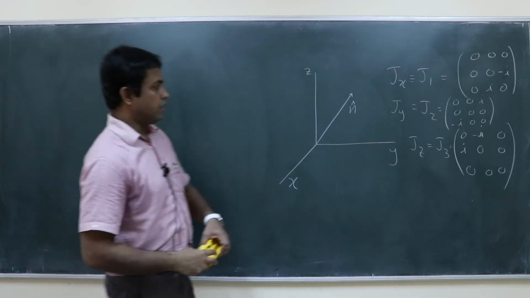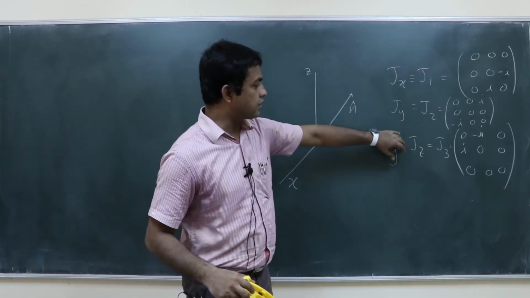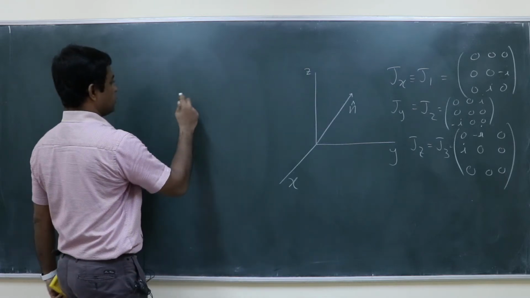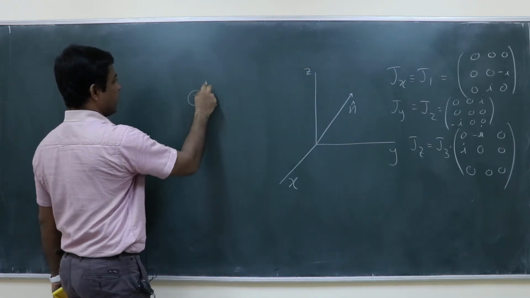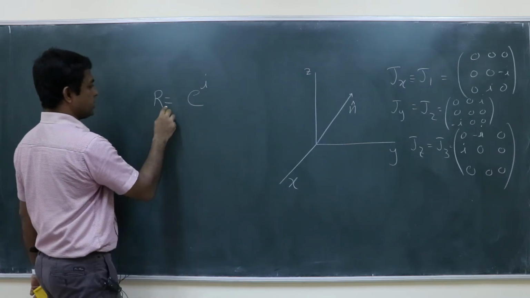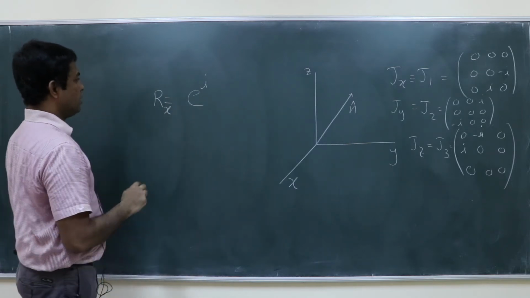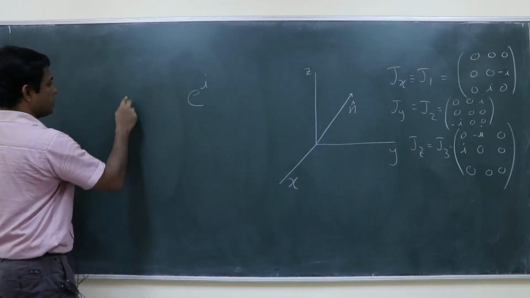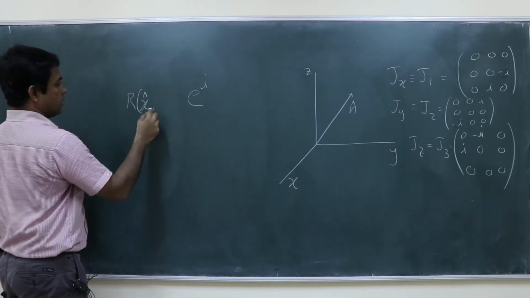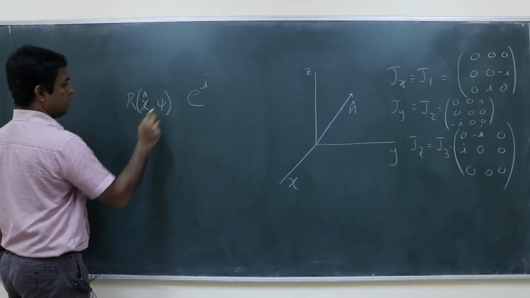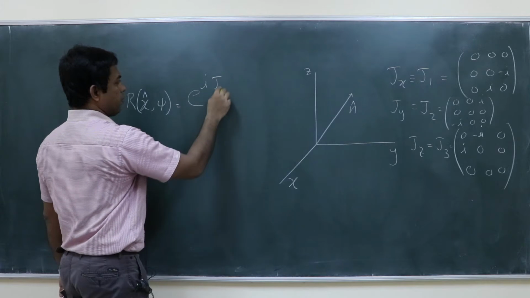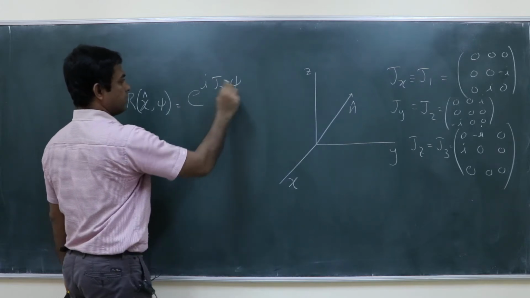So we have the rotation about the x-axis, y-axis, and z-axis separately. Each of them we can see as e to the power i times the generator. The rotation matrix, for rotation about the x-axis, we had a notation: R about the x-axis by an angle psi equals e to the power i Jx psi, right?